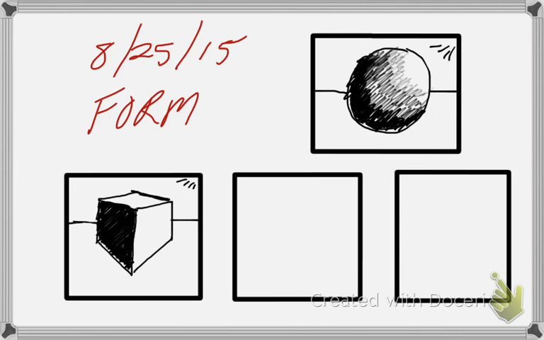Not a dark, not a light, but a little gray. It's going to be darker towards what's closest to us, and a little bit lighter closer to the light source.